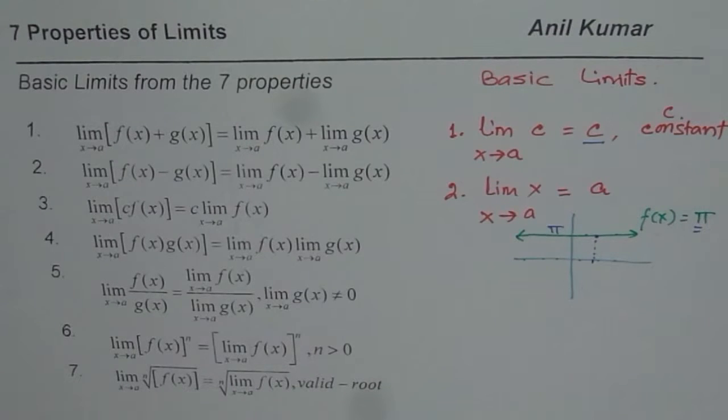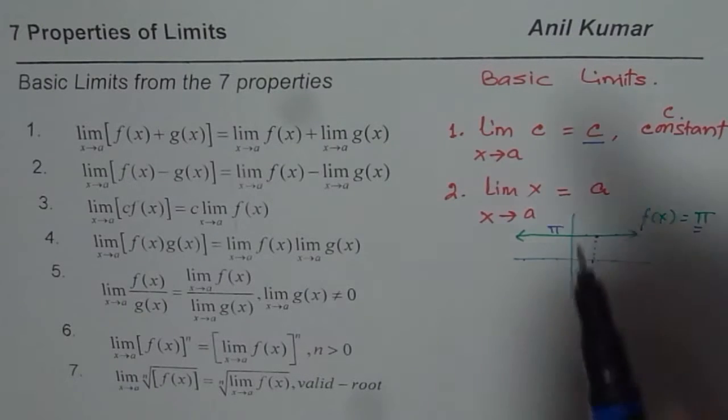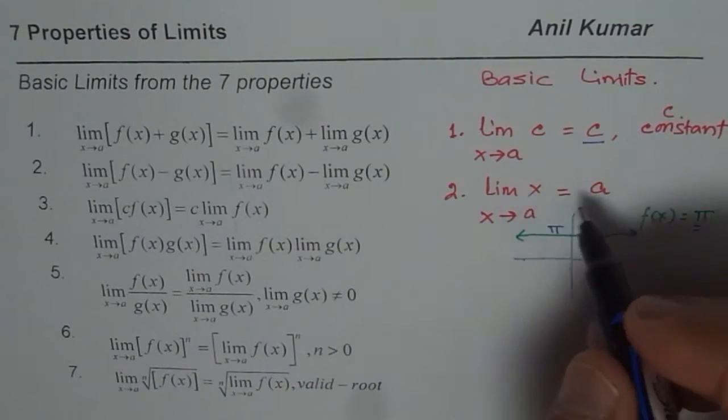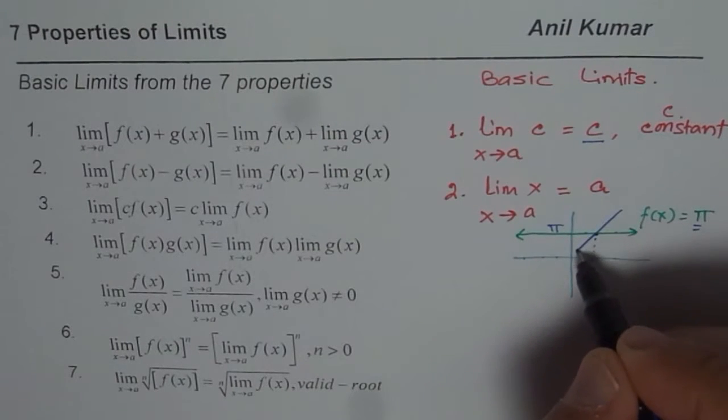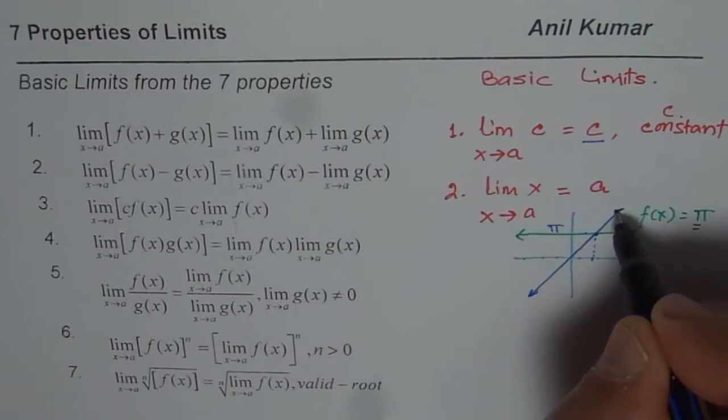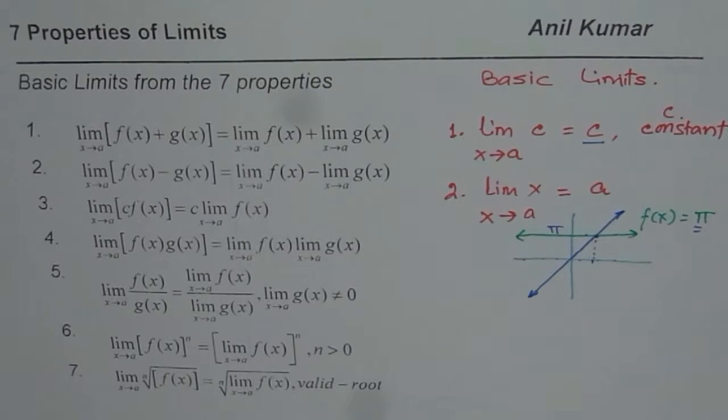Now the second example is the limit of the line x. The line x is a straight line which divides the coordinate system into equal halves diagonally.